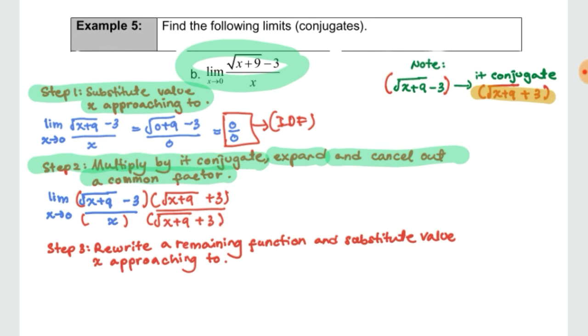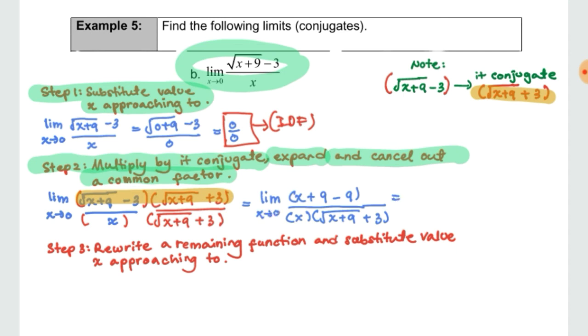And then we can expand the part multiplied by its conjugate. We need to expand this part only and rewrite the function limit: square root x plus 9 minus 3 multiply square root x plus 9 plus 3. So we get x plus 9 minus 9 over x multiply square root x plus 9 plus 3 when x approaching 0.